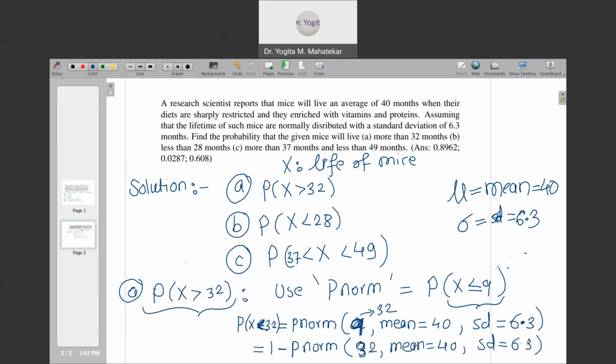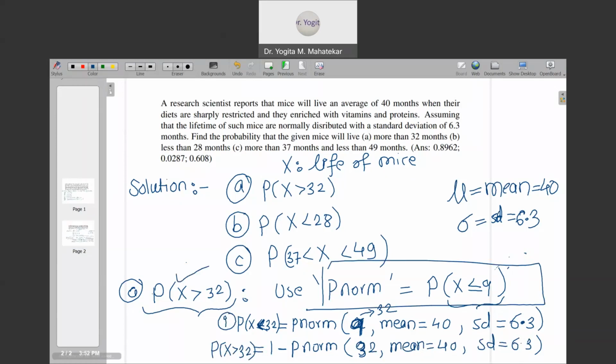Because when I do 1 minus pnorm of this, it will be the probability that X is greater than 32, which is the complement of the first part. The pnorm command finds these probabilities for lower tails, but I want the probability for the upper tail. So you have to take the complement of this event: 1 minus pnorm of that lower tail.